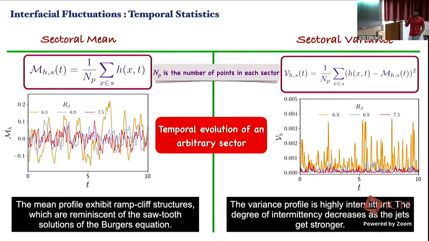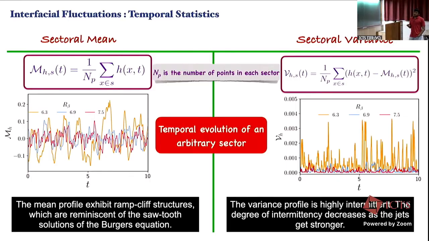Next you look at the temporal statistics, like mean and variance along the time direction. So first you segment the contour into sectors. You look at any sector, and if you look at its time evolution, you will see these fluctuations. These are not random. There are specific structures in these fluctuations.